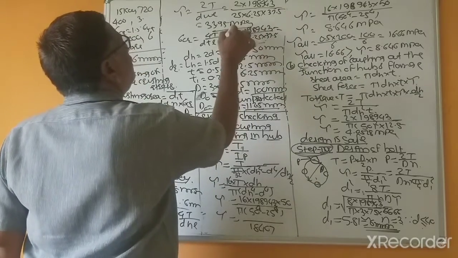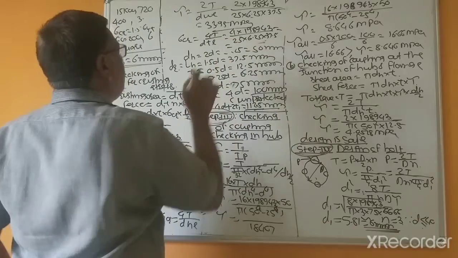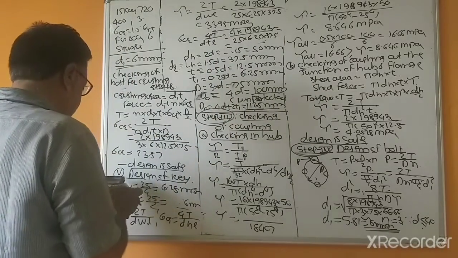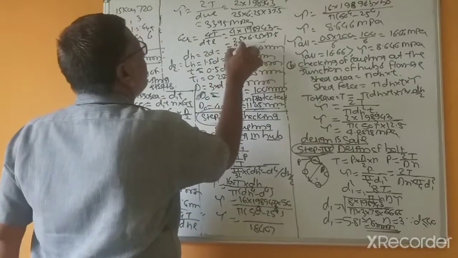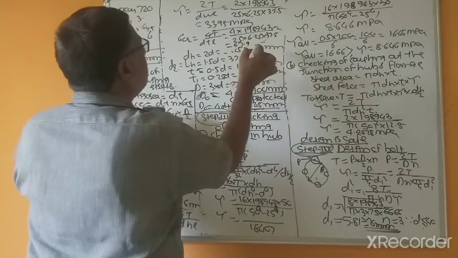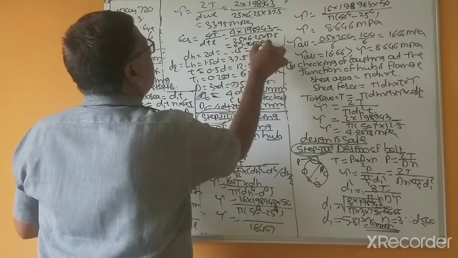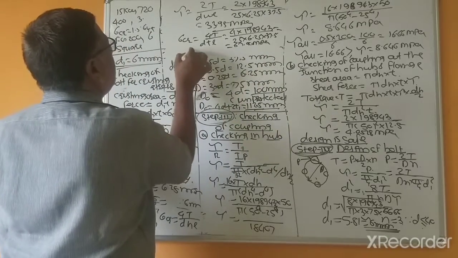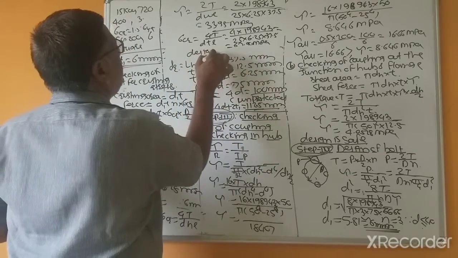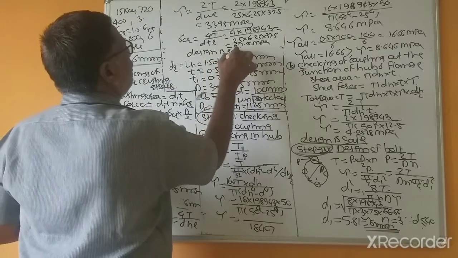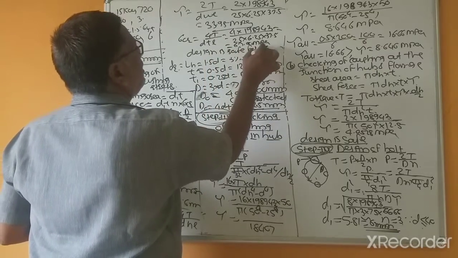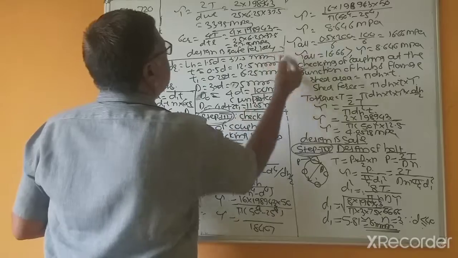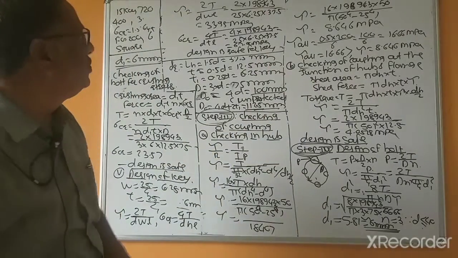So instead of 2, yes, this is 4, so you will get it multiplied by 2, 67.90. So you can write here, design is safe for key. This completes your solution.